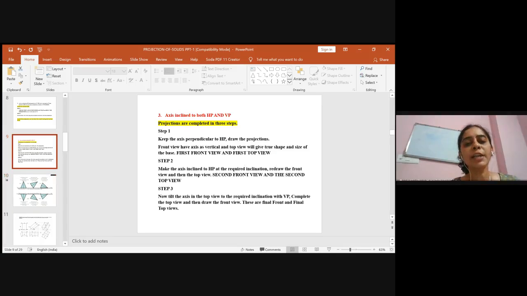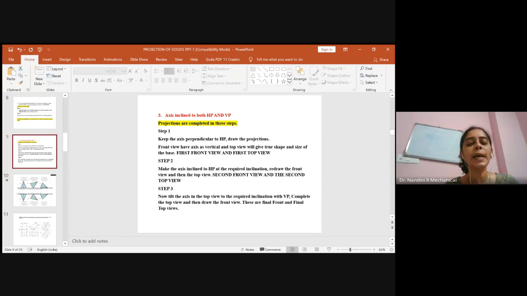So in stage 1, if the question says the axis is inclined to both HP and VP, the first assumption is you keep the axis perpendicular to HP and draw the projection. In this condition, you will draw the first front view and the first top view. This is done.